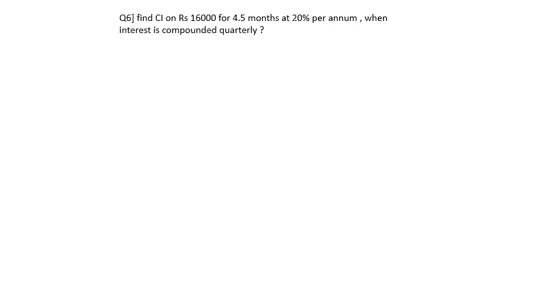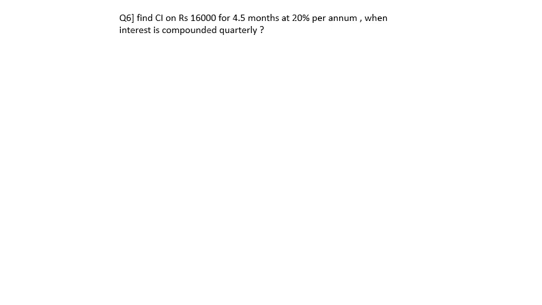Quarter means 3 months period. We have 4 three-month periods in 1 year. Quarterly means basically divide by 4. For 12 months you have 20% as the rate, so for a quarter you will have 20 by 4, that is 5%.